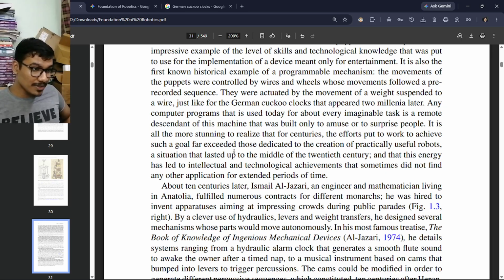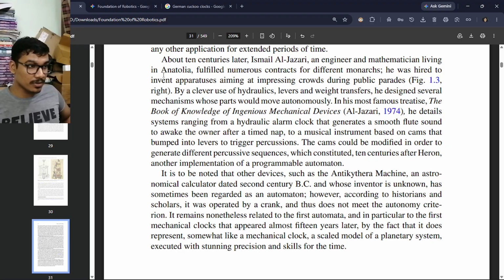About 10 centuries later, Ismail al-Jazari, an engineer and mathematician living in Anatolia, fulfilled numerous contracts for different monarchs.